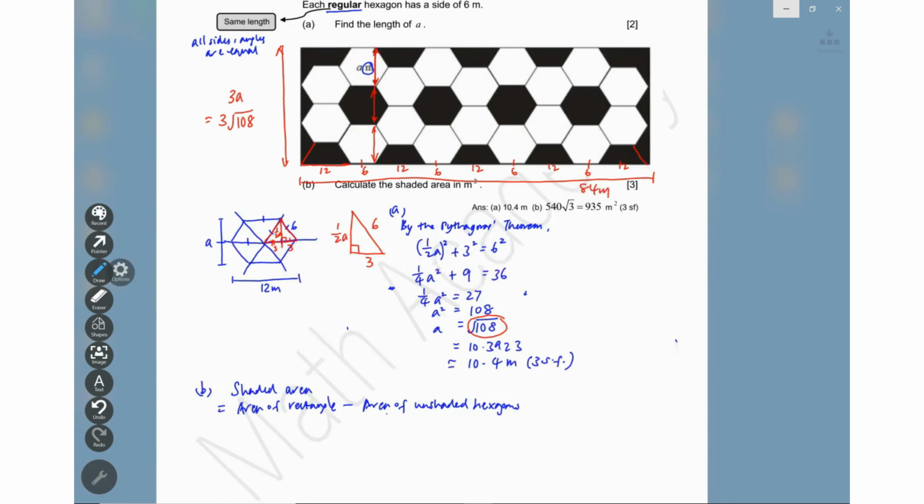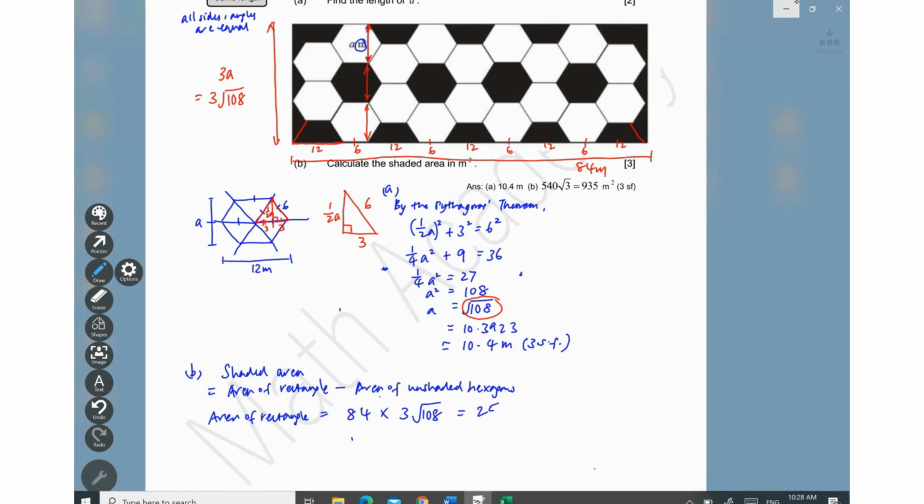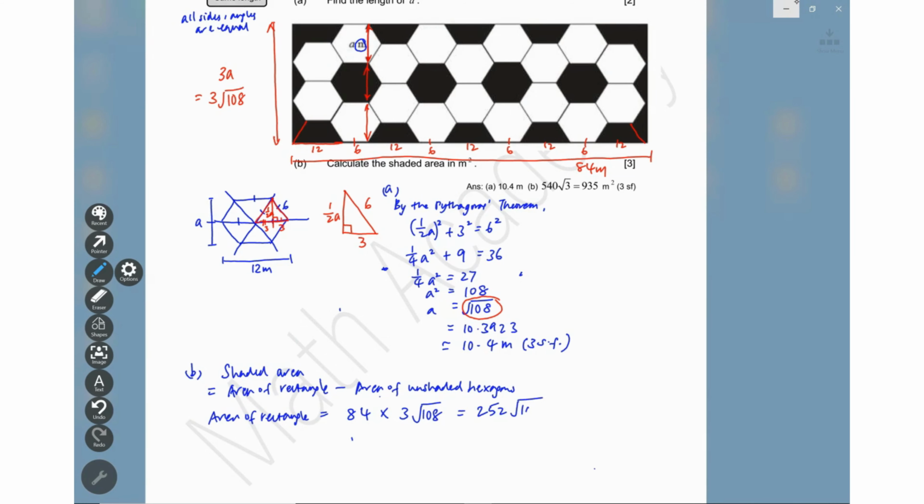Let's write down the area of the rectangle. Length times breadth, I'll take 84 times 3 root of 108. 84 and 3 are whole numbers, you can multiply them together. You will get 252. And I shall leave the square root of 108 as it is first.